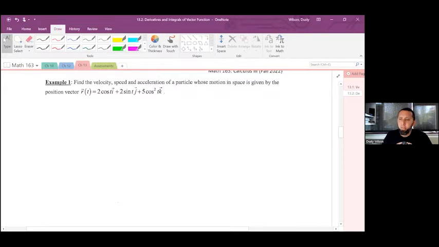Example 1: find the velocity, speed, and acceleration of a particle whose motion in space is given by the position vector r of t equals 2 cosine t i plus 2 sine t j plus 5 cosine squared t k. First, let's look for our velocity.